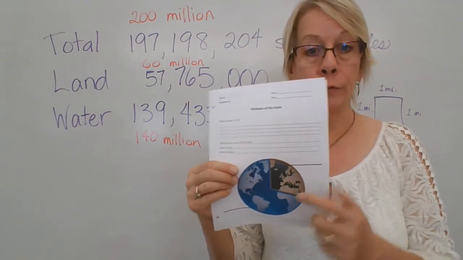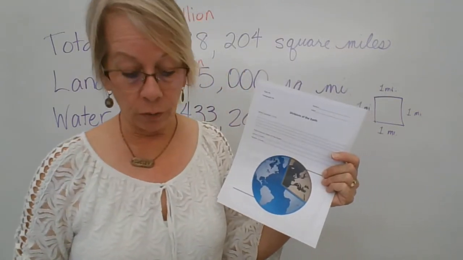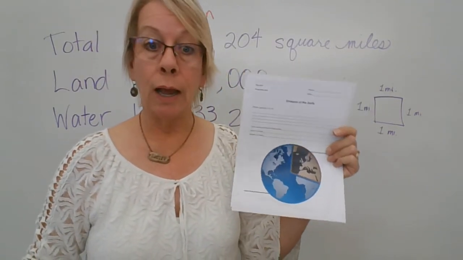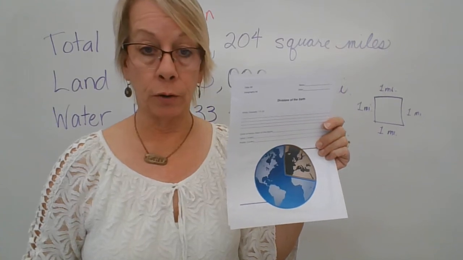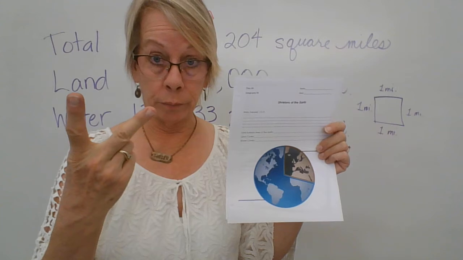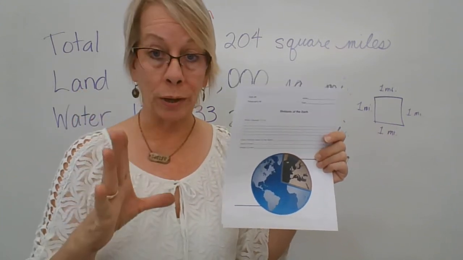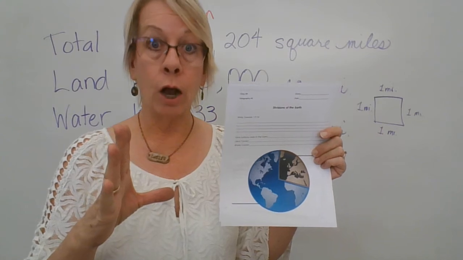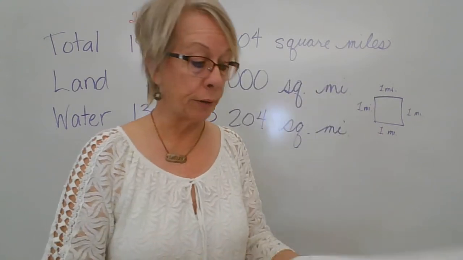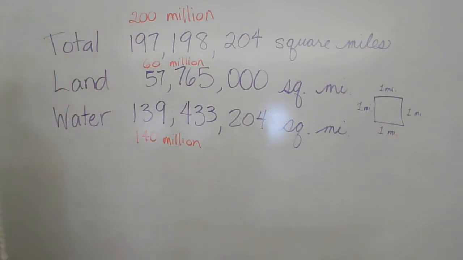But Mr. Vaughn drew this pie chart for us that shows what percentage of the earth is land and what percentage of the earth is water. And that's all it is. It's either land or water on the surface. So those two percentages should add up to the whole thing, which is 100%. So let's write down those numbers. The land part, we do this in green.